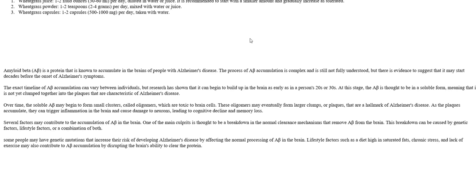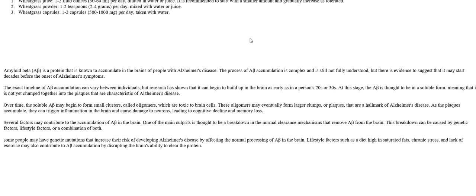At this stage, the amyloid beta is thought to be in soluble form, meaning that it is not yet clumped together into the plaques that are characteristic of Alzheimer's disease. Over time, the soluble amyloid beta may begin to form small clusters called oligomers, which are toxic to brain cells.